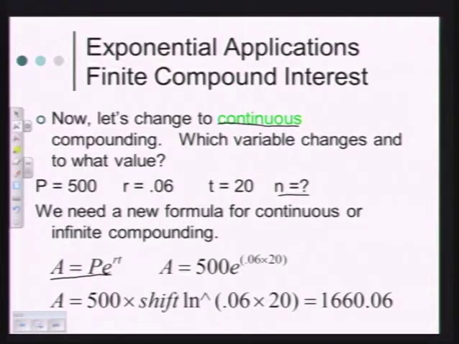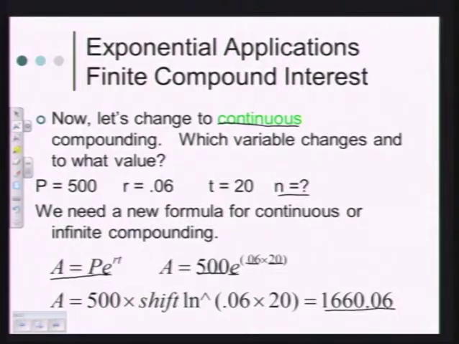So in Bob's case, his principal, remember, is $500. e is that natural exponential number that we looked at in one of our previous sections that I told you we would have plenty of applications with, to the 0.06 times 20. And so if he gets continuous compounding for 20 years, he adds just a little more money to what would have happened if it had been daily compounding.